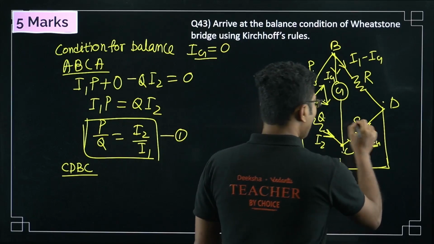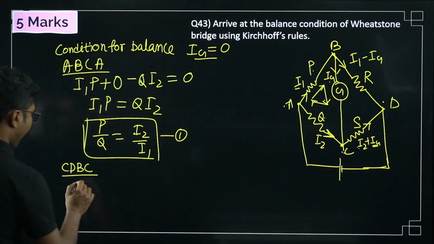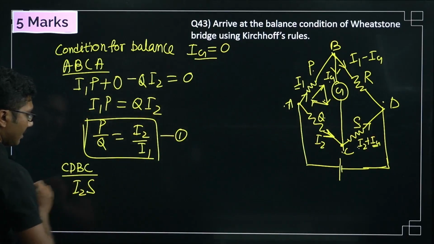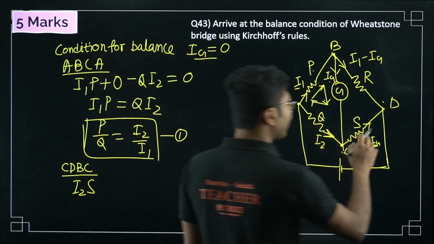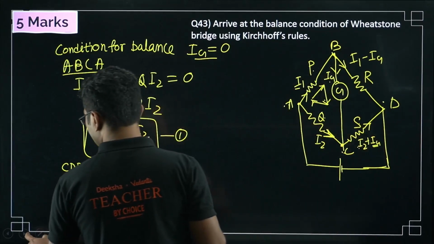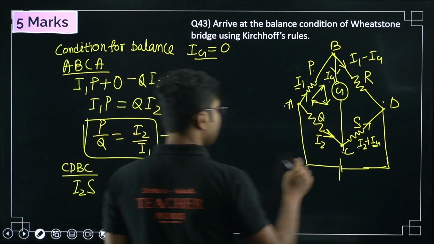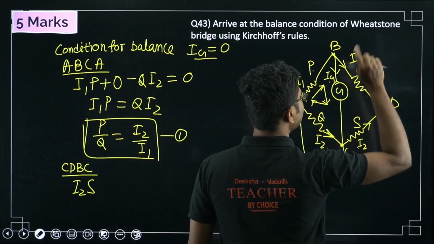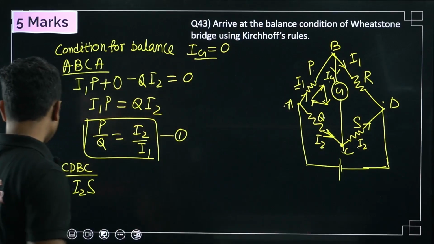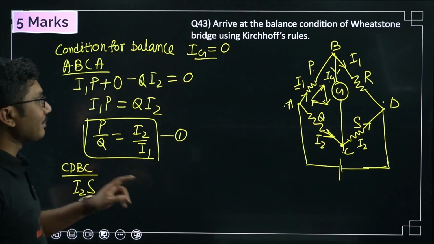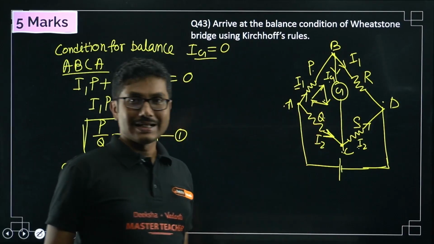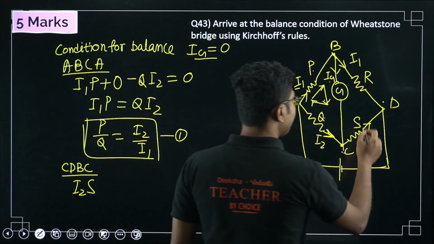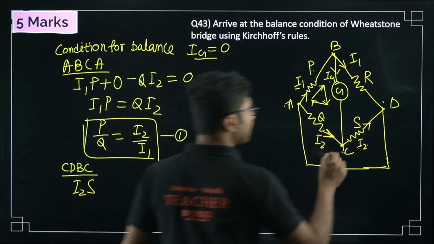I2 into S. Remember that Ig is 0, so you can even ignore Ig. In this diagram also you can ignore Ig, if you want to. No need to consider Ig because we started with the condition for balance where we mentioned that Ig is 0. So I2 into S in this direction.